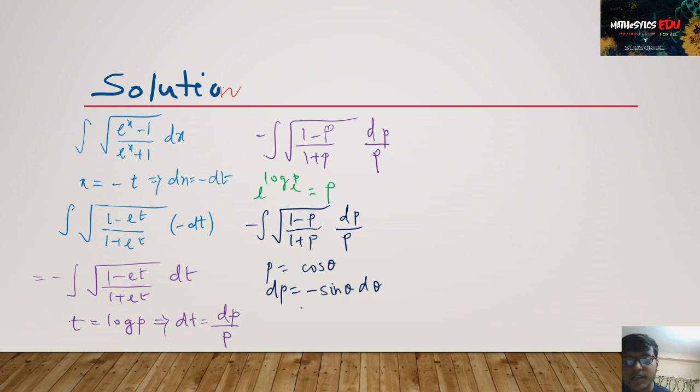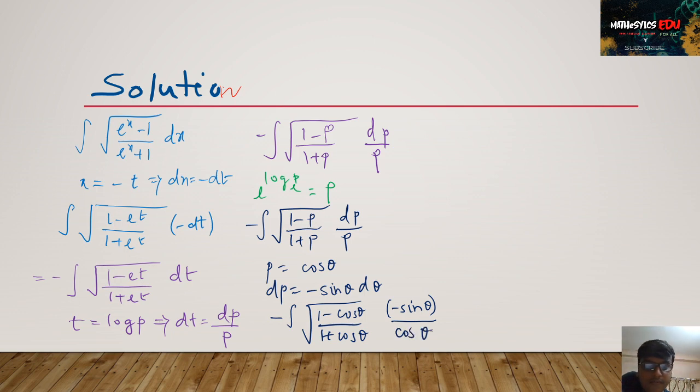I will get minus root over (1 minus cos theta by 1 plus cos theta). In place of dp I will write minus sin theta divided by p. What is p? Cos theta. And then d theta, right?